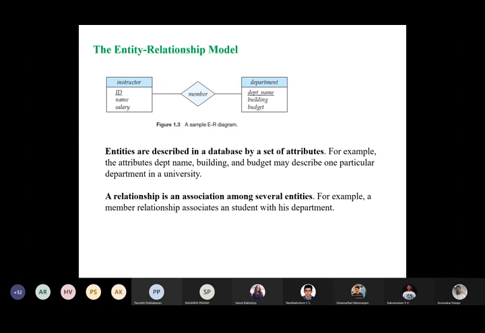So this is the introduction to the ER diagram. We'll briefly discuss the ER diagram for a period of time, right? The overall logical structure of a database can be expressed graphically by means of an entity relationship diagram, also called an ER diagram.